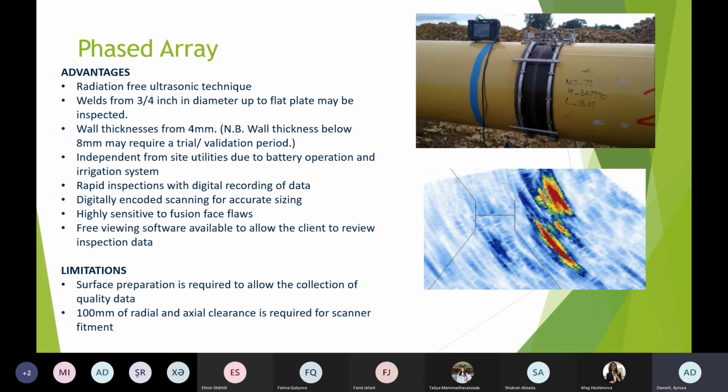In normal conditions we cannot remove insulation, only for inspection, and surface preparation is required to allow the collection of quality data. If it's insulated, we cannot apply this equipment. And if we cannot remove it due to operating conditions, because we have systems at 200 degrees Celsius, we cannot apply this technique.